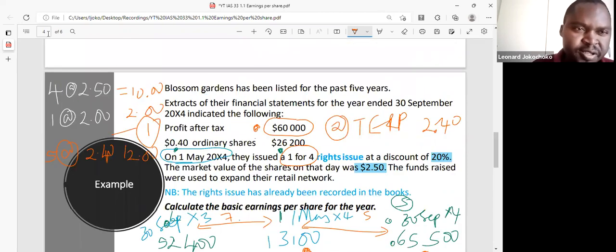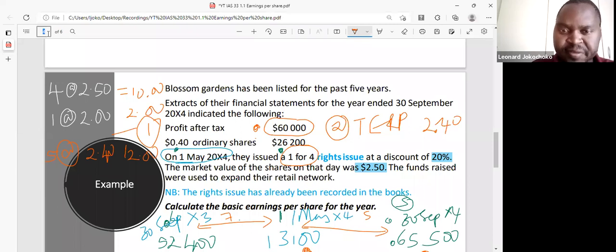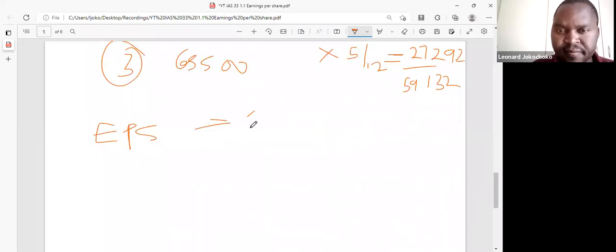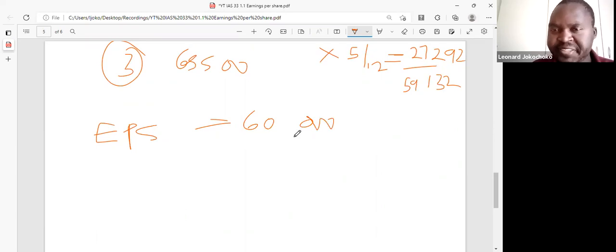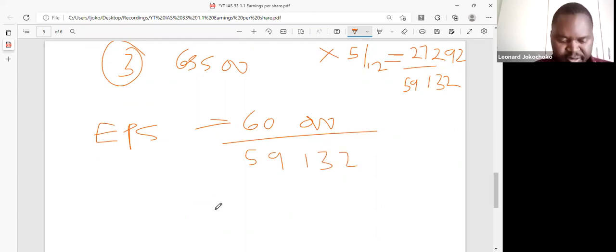It was straightforward. So I say $50,000 divided by my weighted average number of shares from step number 3, which we saw is 59,132. Therefore, my earnings per share is 50,000 divided by 59,132.